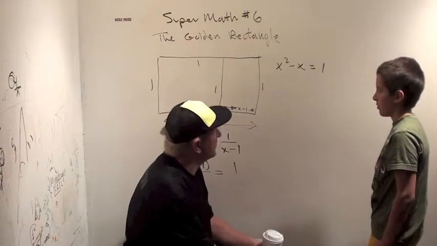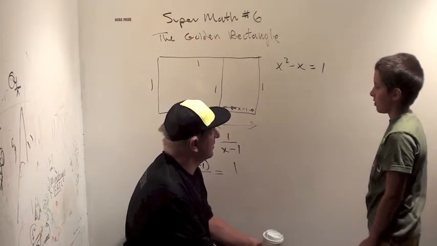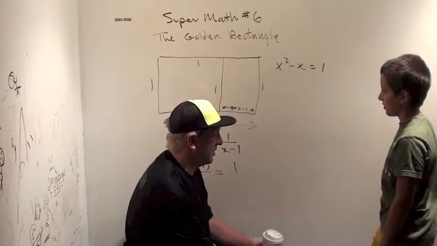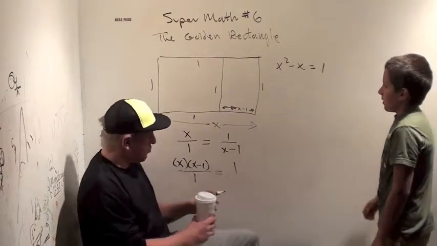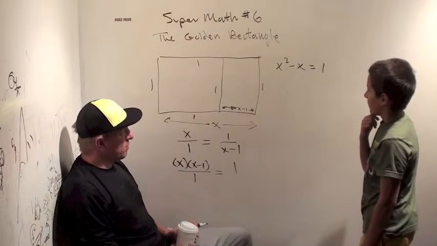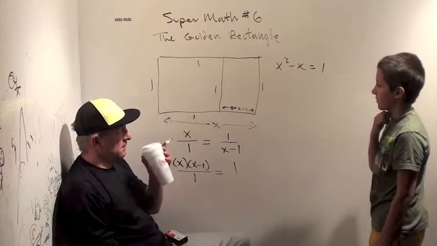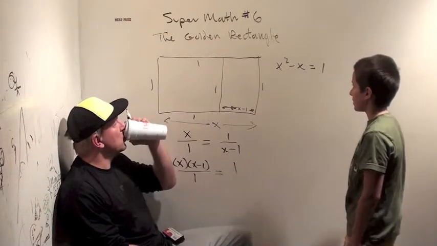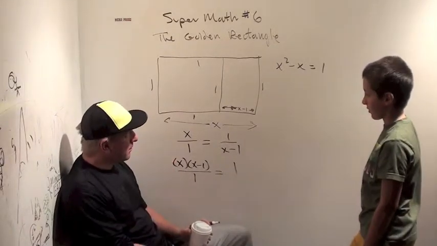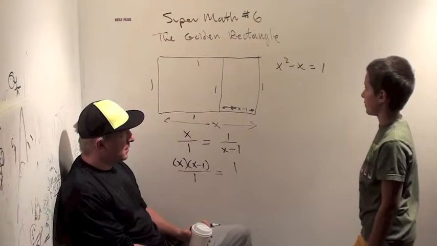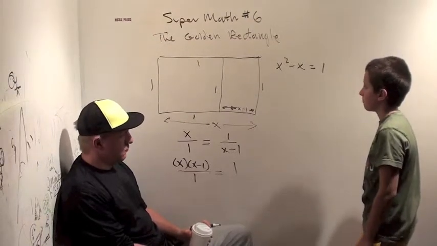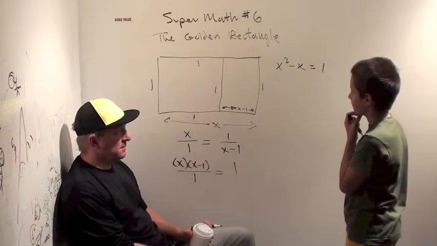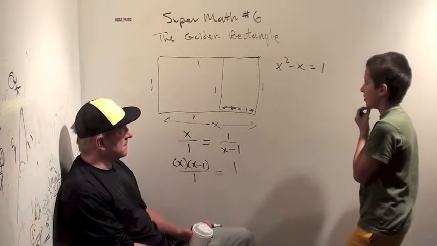You won't stumble upon the value that works here. It doesn't look like it's going to be an integer. How would we solve an equation like this? We could take the square root of everything, though that won't do much.